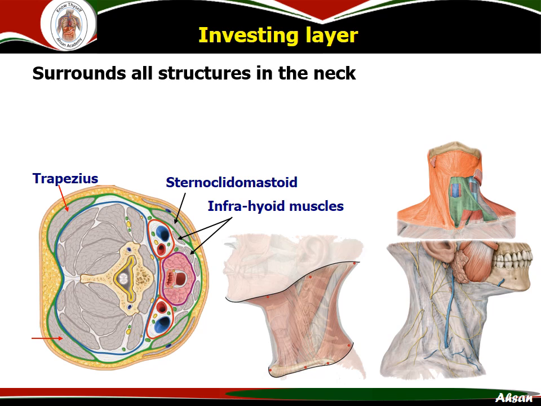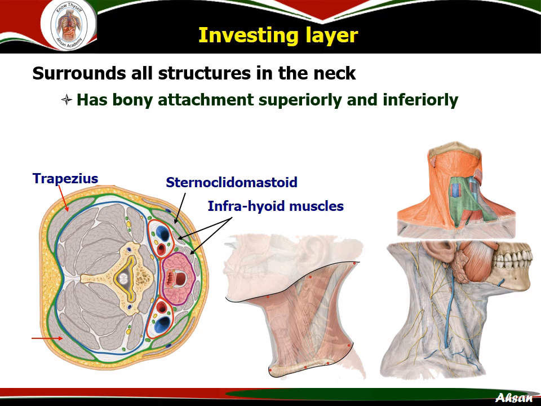It's a total enclosing sheath, and posteriorly it is attached to the spine of the cervical vertebra and extends upward and below. This is attached superiorly and inferiorly with the bones that I will discuss in the next slide.